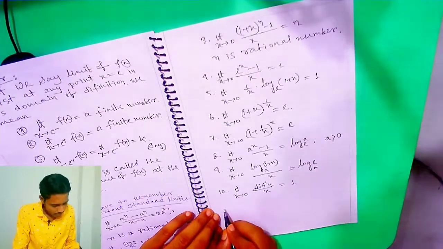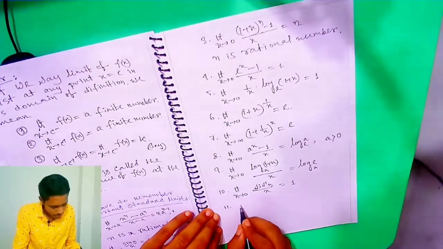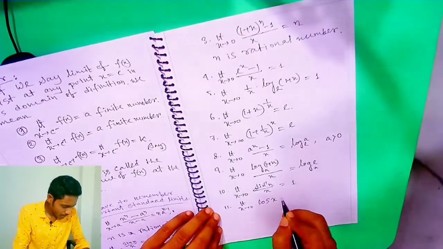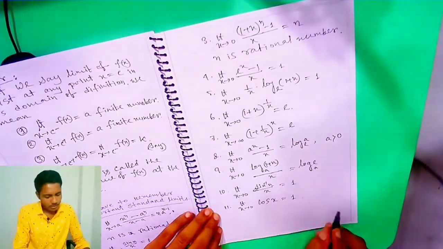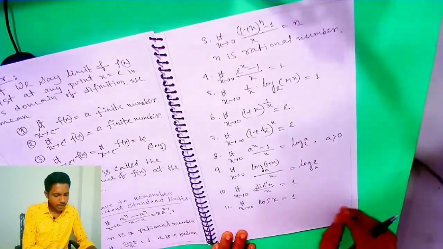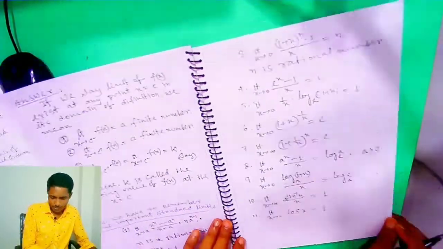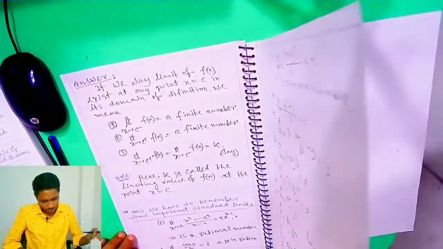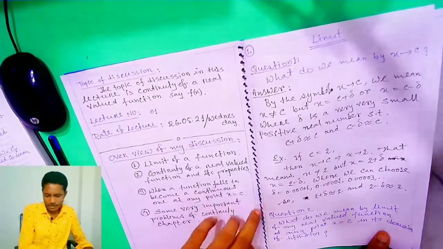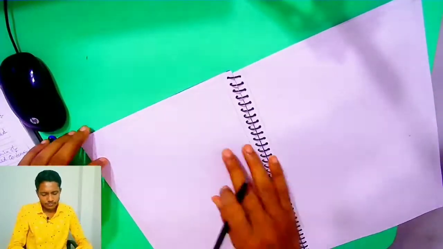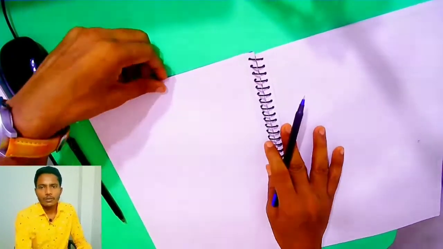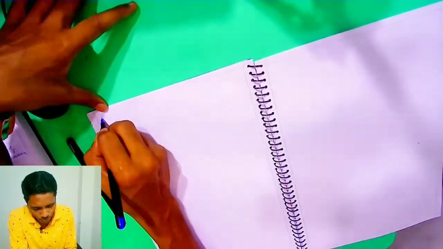And 11, limit x tends to 0, cos x is equal to 1. Okay, you have to remember all those standard limits. Now coming to second question, continuity of a real valued function and its properties.